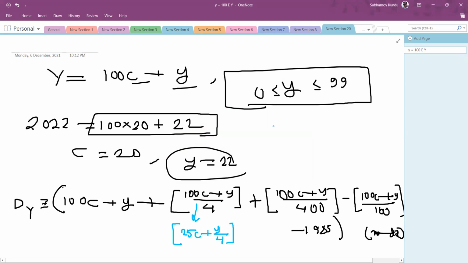Now from y by 4, we will get some integer. What will this be? This is nothing but the floor of c by 4 plus y by 400. Now, if our y is 0 to 99, y by 400 is always a fraction.